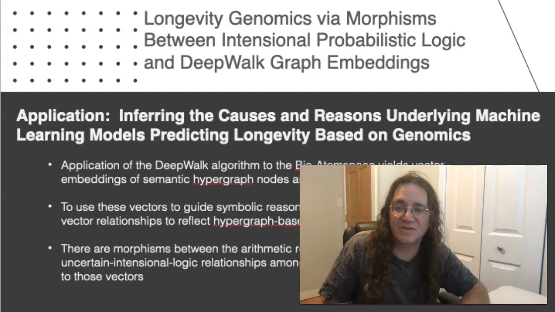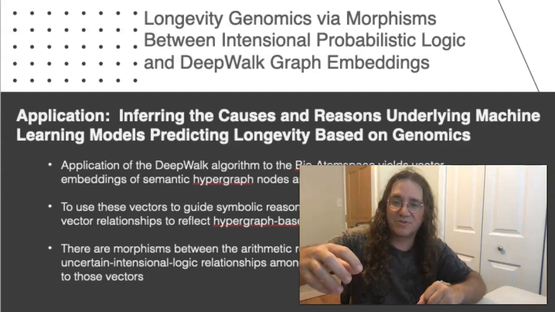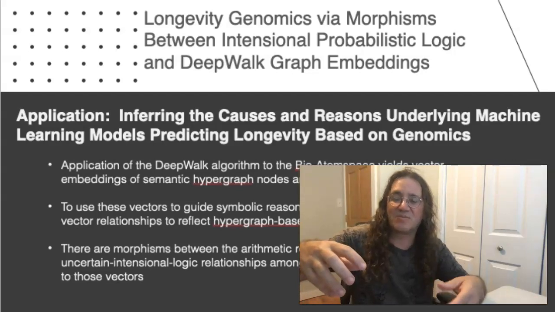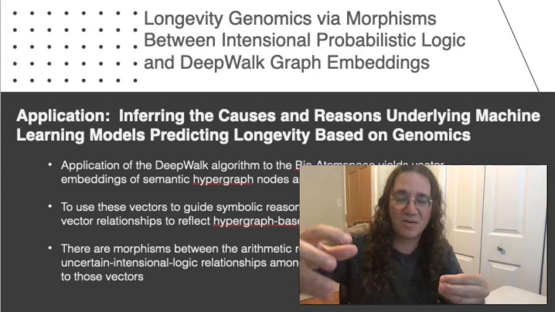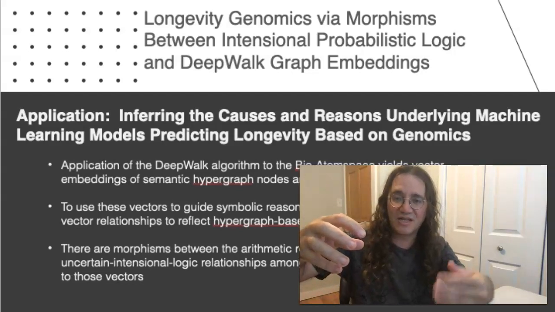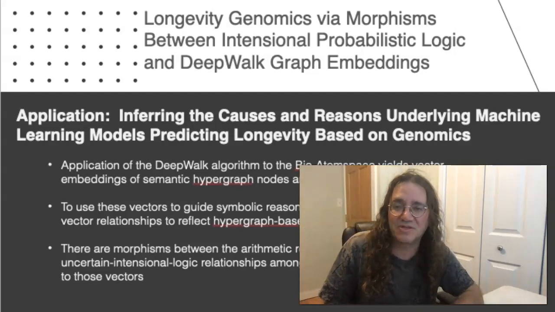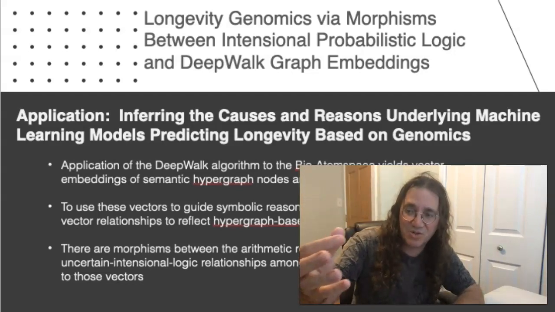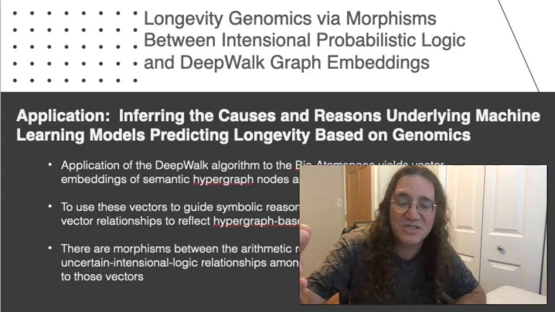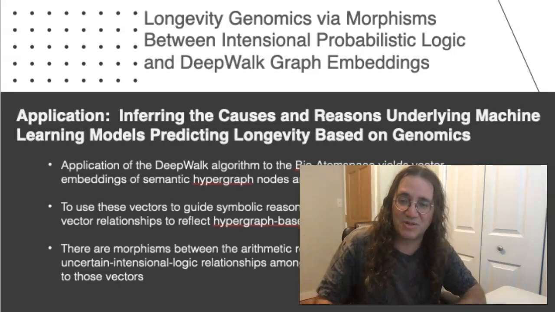We've then been looking at various mappings between the geometry and topology of the atom space, the hypergraph representation, and the corresponding vectors. For example, under certain conditions, if two nodes are more similar, closer in the right sense in the atom space, then the embedding vectors are going to be more similar.